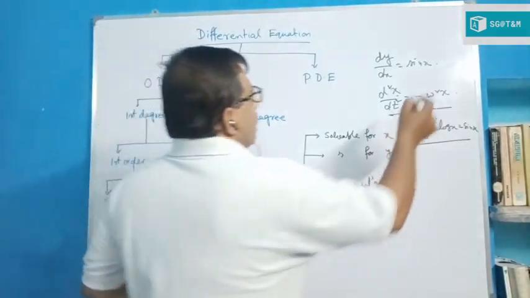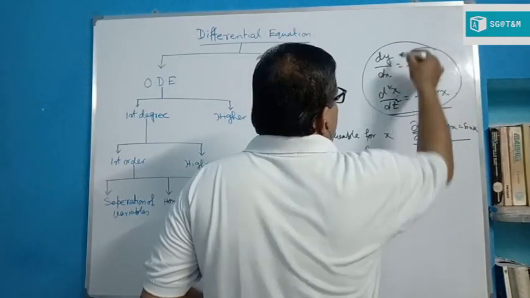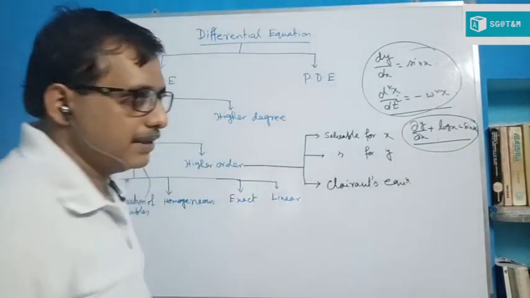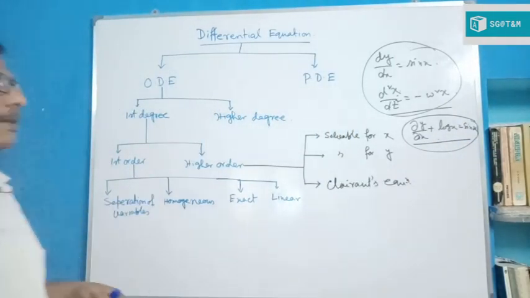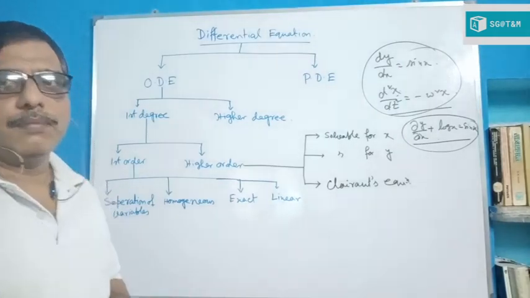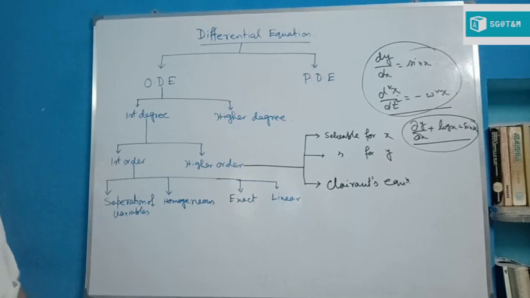That means these two are ordinary differential equation, and this is partial differential equation. We take one example of PDE and two examples of ODE. If it contains ordinary derivative, then it is ordinary differential equation. If it contains partial derivative, then it is known as partial differential equation.